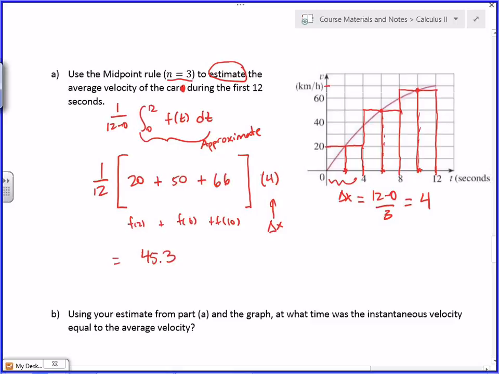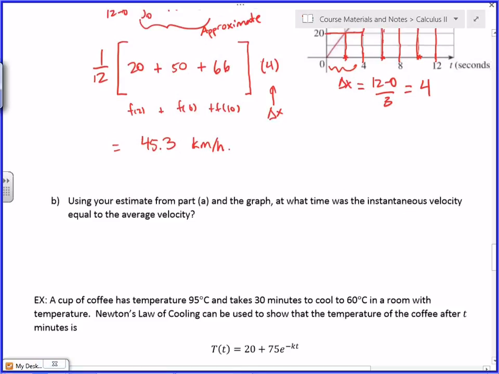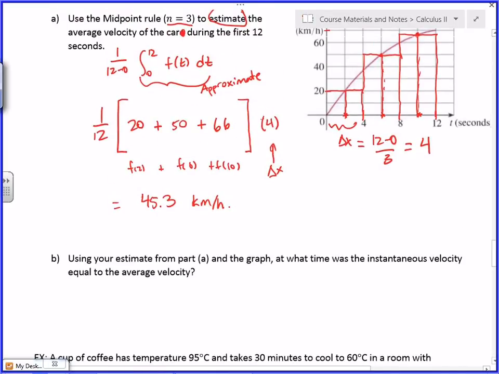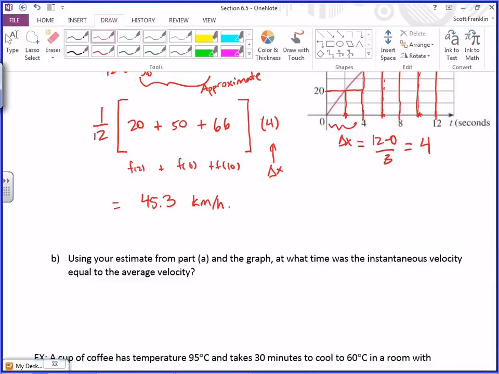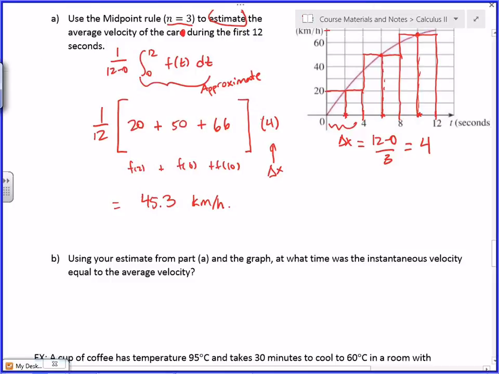Okay. And what's the units? What's the time at which the car was going its average speed? About 45.3 is about here.